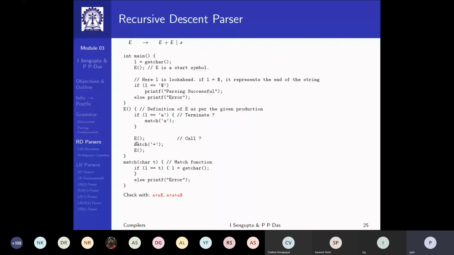See, the difficulty is that here is a non-terminal which replaces itself on the right-hand side as the leftmost symbol. So when I go here, I have E actually calling E again.